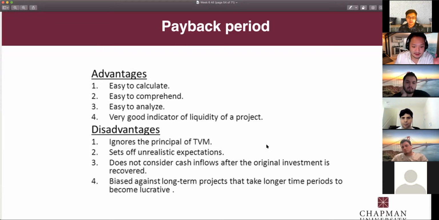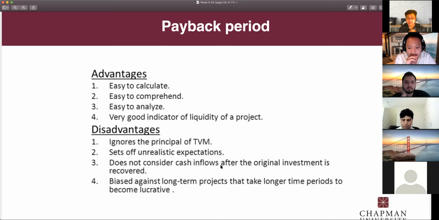Some of the disadvantages, I mean, it totally disregards the time value of money. It has sometimes unrealistic expectations, and does not consider the cash inflows after the original investment, right? That's one of the disadvantages, because once everything breaks even, it completely disregards any future input.